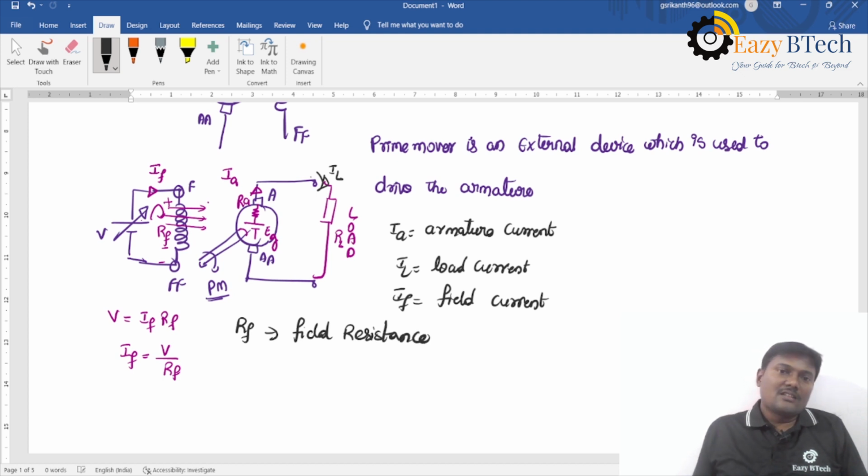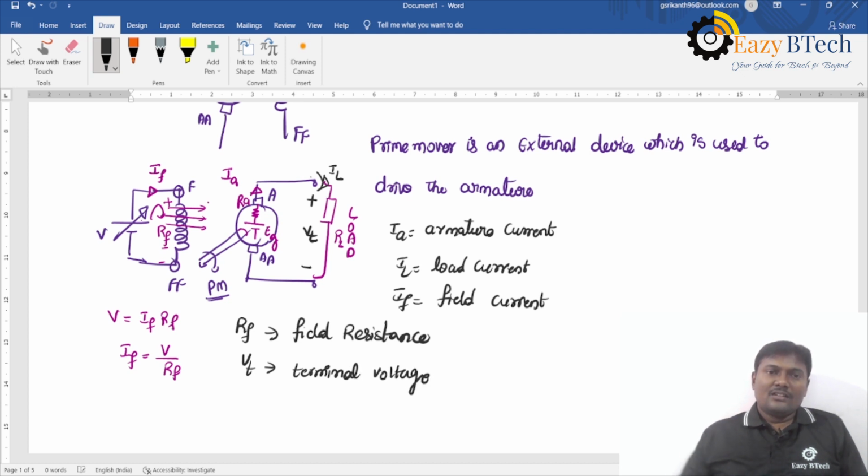The voltage which appears across the load terminal is called VL or VT. So VT is called the terminal voltage. If you apply KVL to this loop, then we will get one equation.